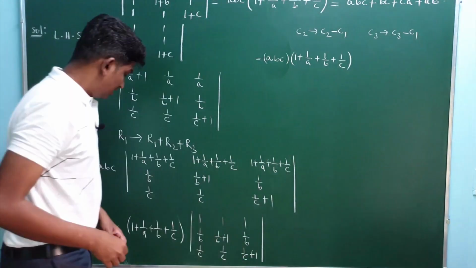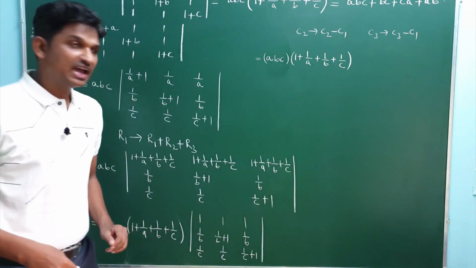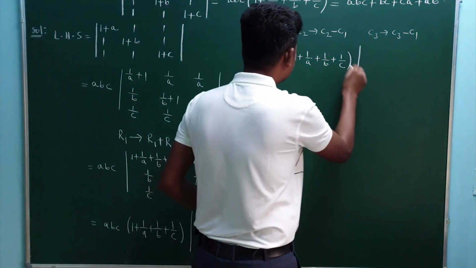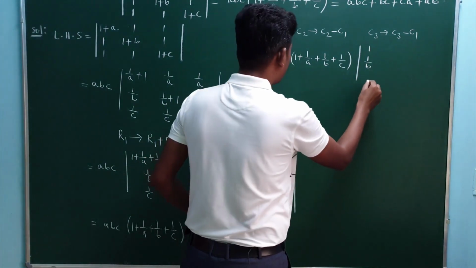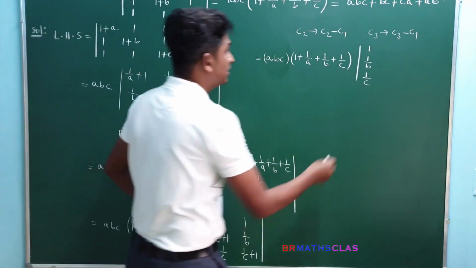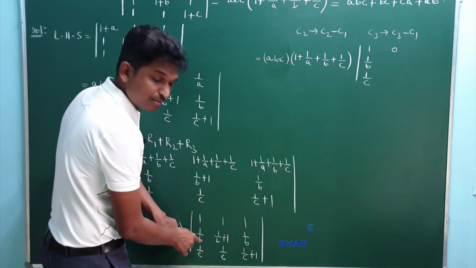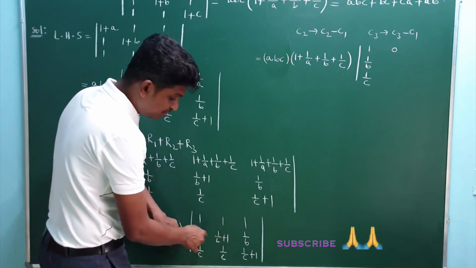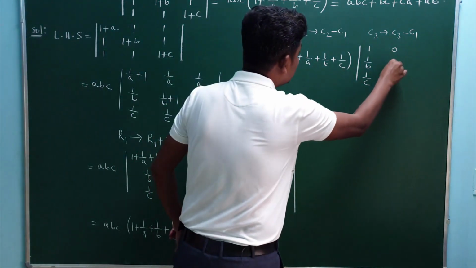Let's see what happens. ABC into 1 plus 1 by A plus 1 by B plus 1 by C is written as it is. Now apply this operation. No change in C1, so 1, 1 by B, 1 by C. C2 changes: 1 minus 1 is 0. This element minus this element: 1 plus 1 by B minus 1 by B, the 1 by B gets cancelled and you get 1 here.